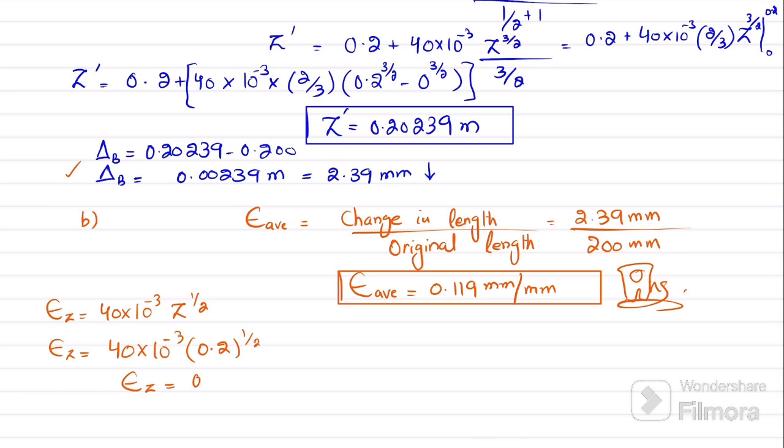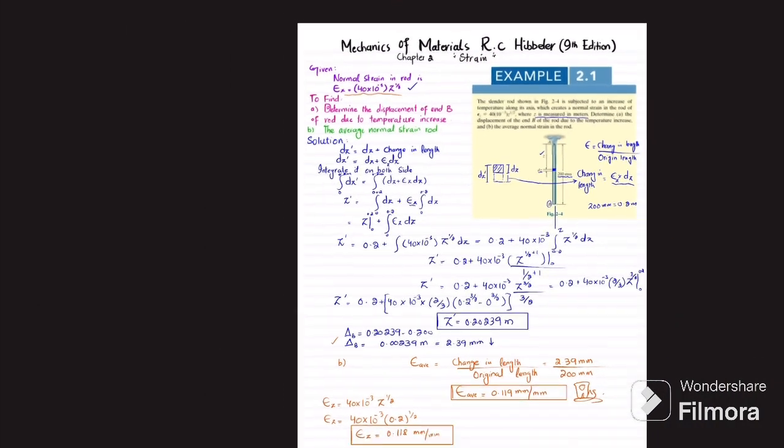That will be equal to 0.118 millimeter per millimeter. So you can see both the values are very close to each other. So that was all about this problem, example 2.1.